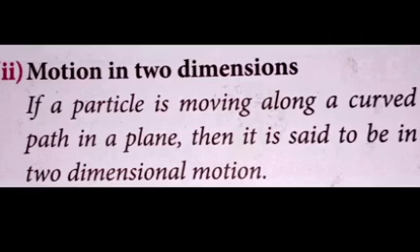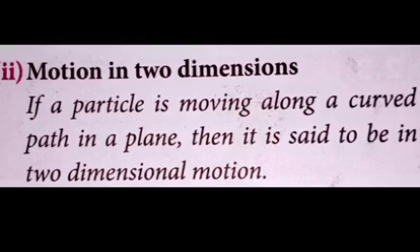Next one, motion in 2 dimensions. The object covers both x and y axes. Now see the definition. If a particle is moving along a curved path in a plane, then it is said to be 2 dimensional, because in a curved path it covers the 2 axes.